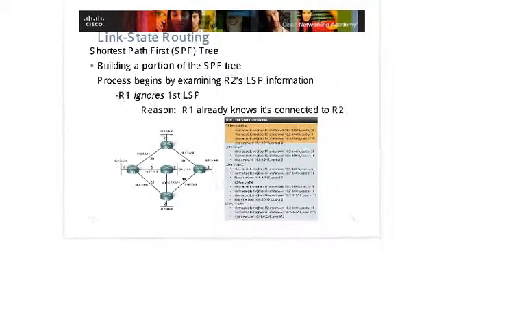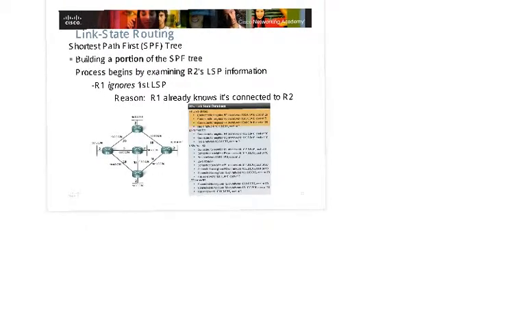So that's how the shortest path tree gets constructed. As we said, the shortest path first tree will get constructed from this table. Basically, the router will go through every individual link state packet and process the information coming from each router. So, for example, router 1 will receive the link state packet from router 2, which contains information about the directly connected links.